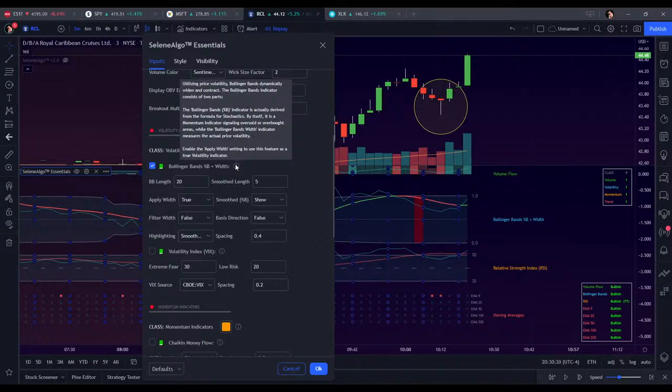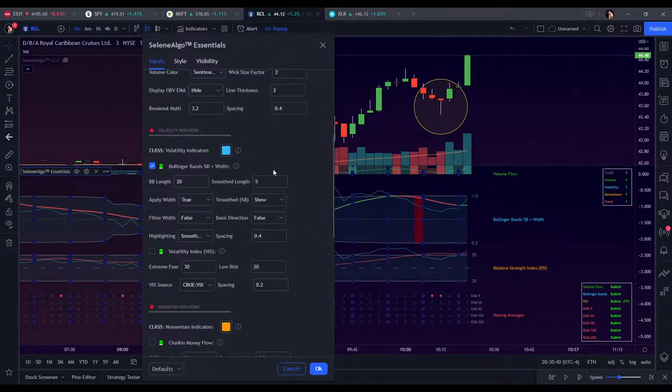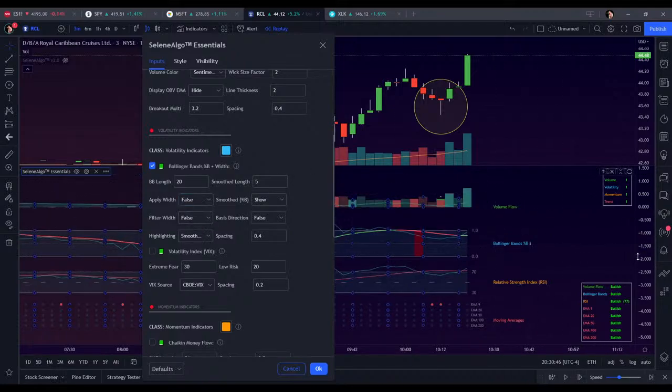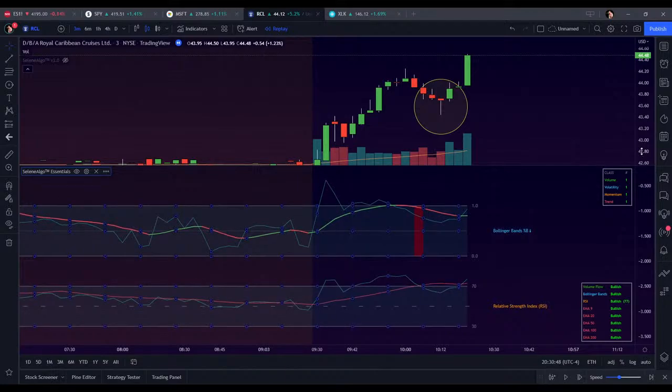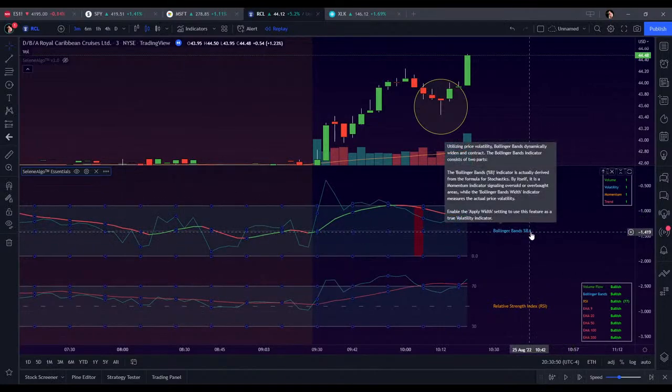Let's do something really quick. Let's apply width. Go to under Bollinger Bands, change the apply width to false really quick. You can see the name went from Bollinger Bands to Bollinger Bands width.